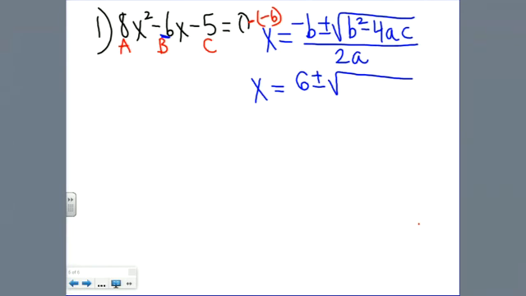Under the radical, we have negative 6 squared. Make sure you put that negative 6 in parentheses. Minus 4 times A, which is 8, and times C, which is negative 5. And that's all over 2 times A, or 2 times 8.